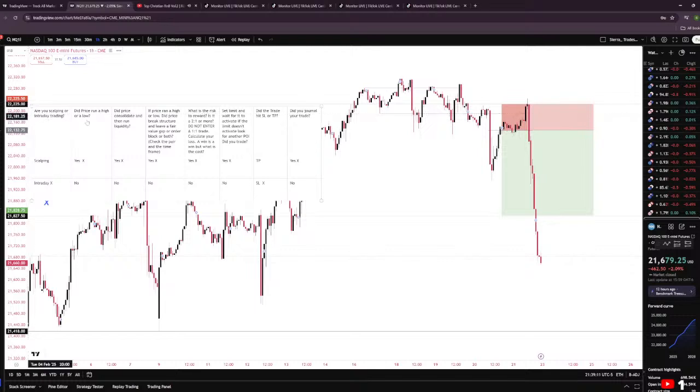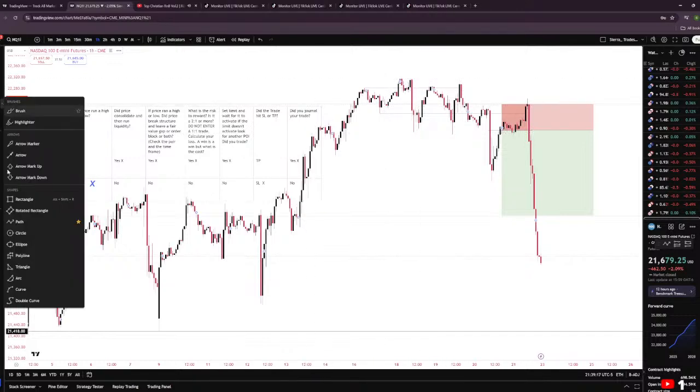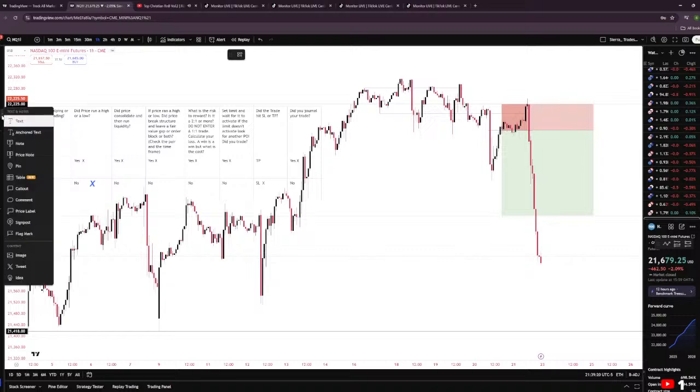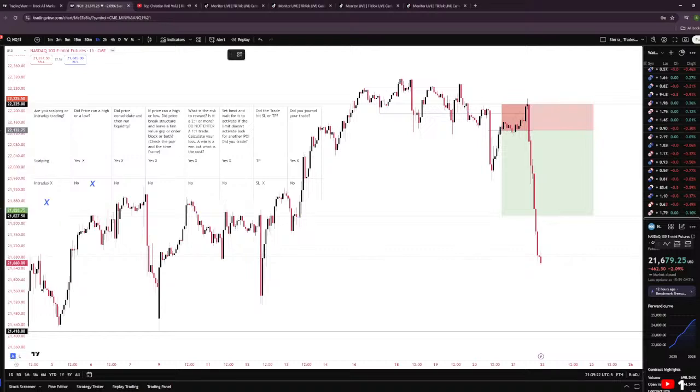So basically we're just identifying all this over again, and I'm going to mark it up. All right, so this was an intraday trade. I probably didn't need the call out for that, but okay. This is an intraday trade. Price ran last week's high and did that there.